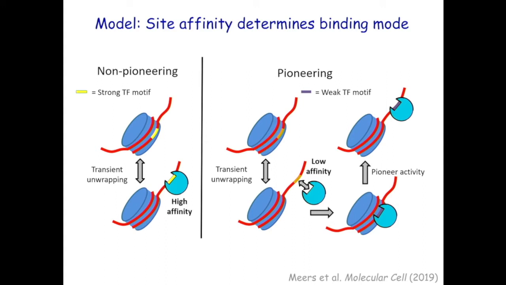The other thing is that once it binds that new site and it gets selected for and goes to fixation in the population, there will be no selective pressure for it to go to higher affinity. So we do find that transcription factor binding sites have very little information compared to the size of the genome that they have to deal with. And so we think that this may be a general rule for how the transcription factors have evolved.